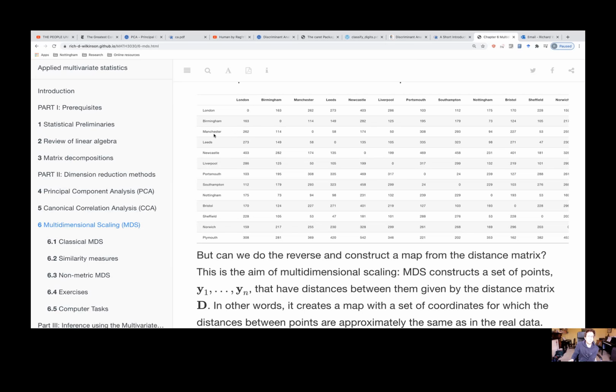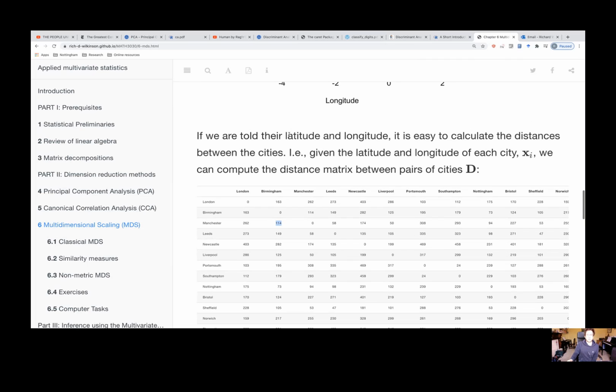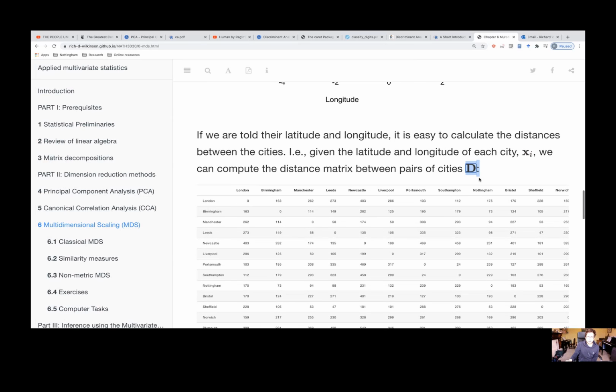The distance between Manchester and Birmingham is 114 kilometers. So it's easy to go from the features, the x's, the data observations, to the distance matrix D. That's what this is, our distance matrix D.